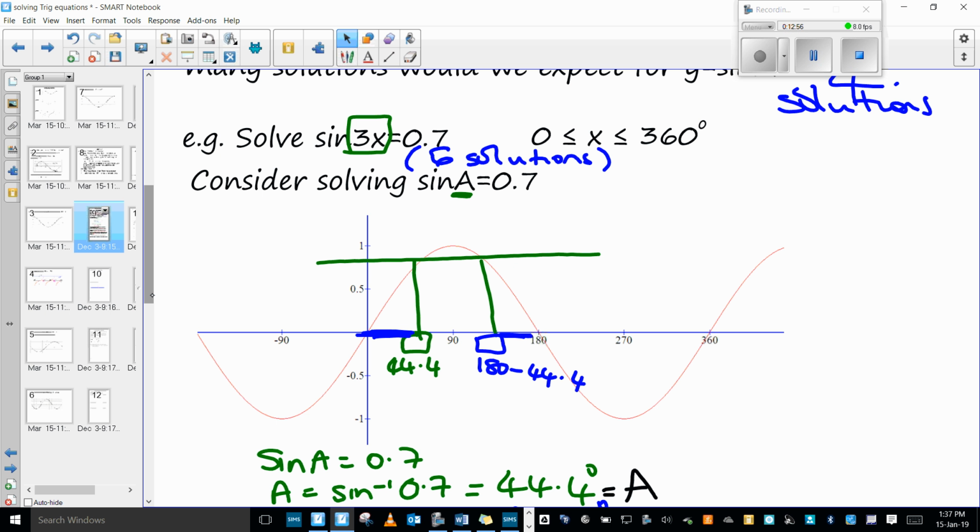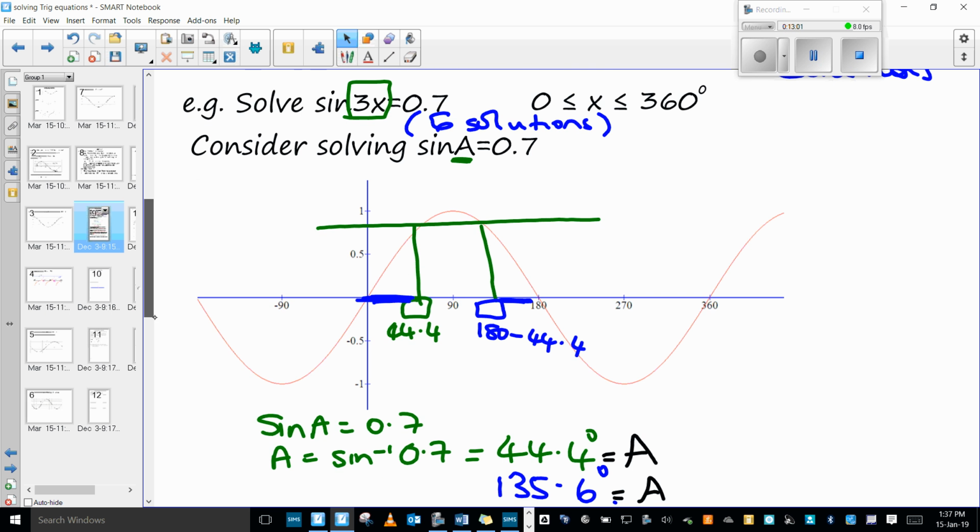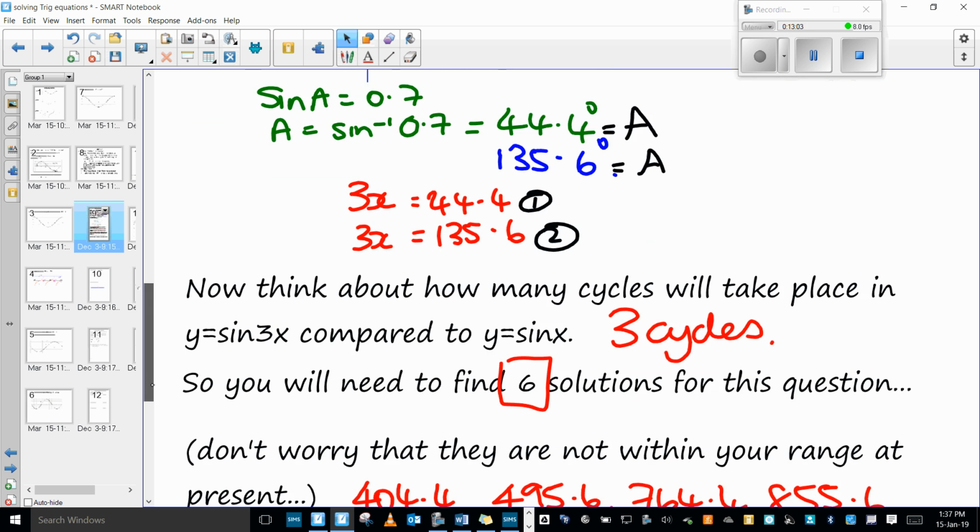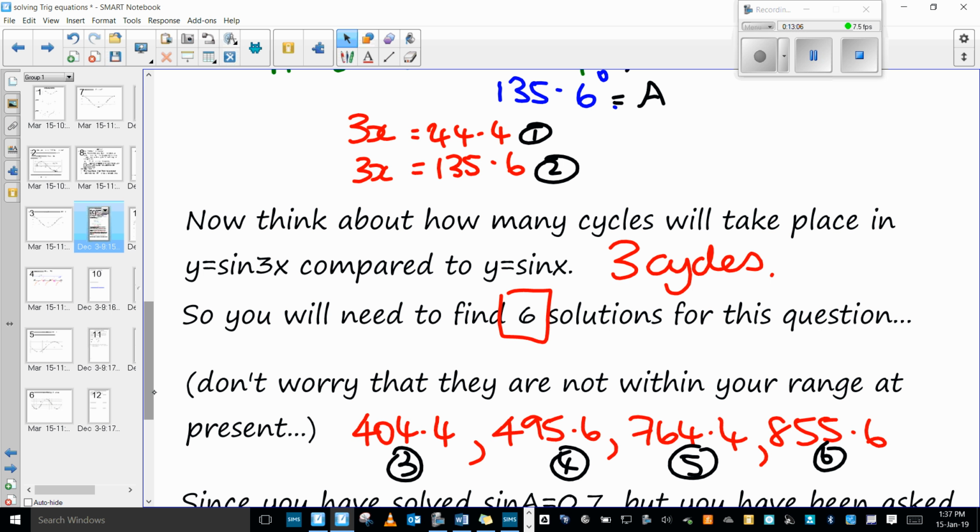This is my way of doing it. I like to find these big numbers because you're always just adding 360, rather than finding these two and then adding your new period. I think it's way easier. So we found our 2 normal solutions, we found the other 4 we knew we'd need, and then we said that represented 3x, so we divide them all by 3.